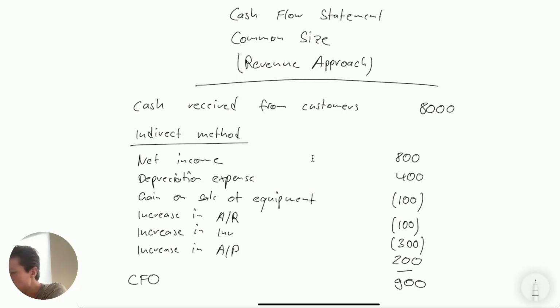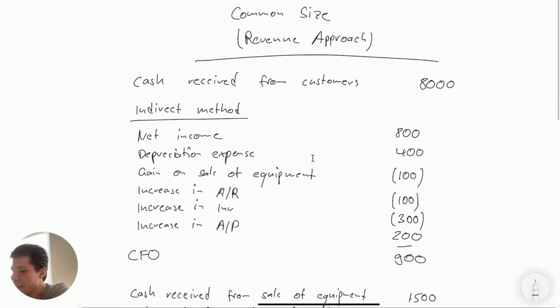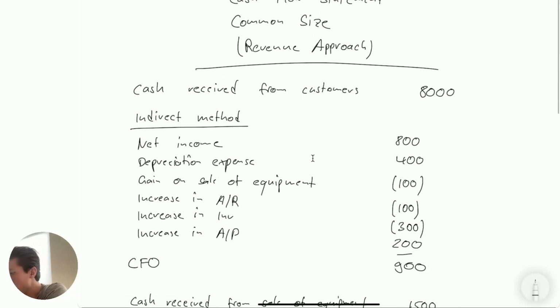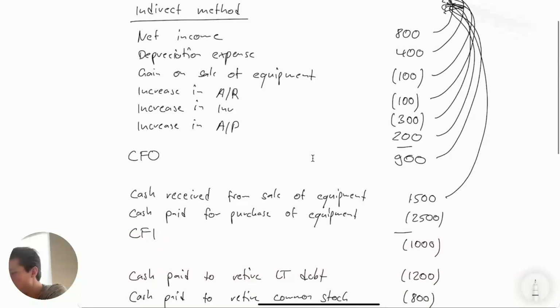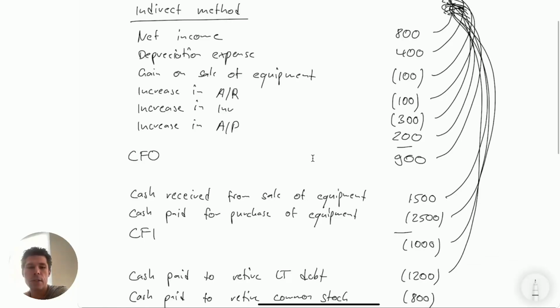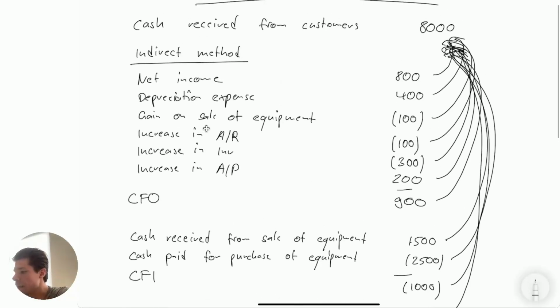So what we do is very simple: we don't really care about inflow or outflow. We just express every single line item as a percentage of this, even the subtotals. And we do the same for all the other items, always dividing by 8,000 in this example. We don't need to go through every single item.